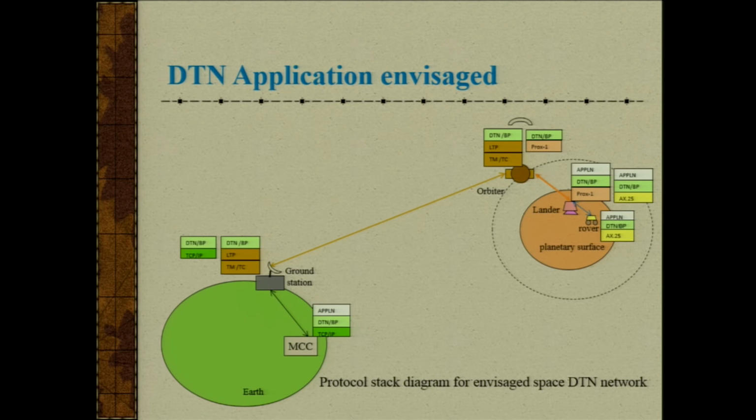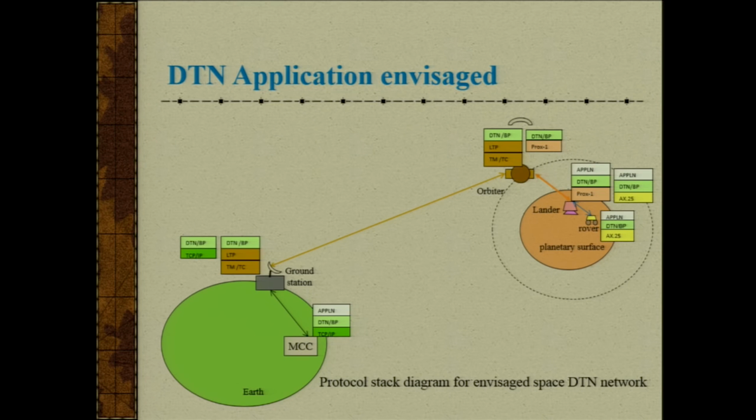From lander to rover, it can be any terrestrial network. We have chosen the HDLC or AX.25 protocol, and on all these nodes we have DTN BP sitting on top. The advantage is that the mission can uplink the contact graph for a given period of time and automate the network operations.